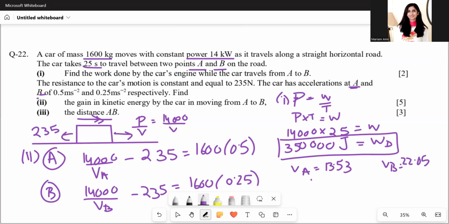Now we need the gain in kinetic energy. So it's half times m, which is 1600, times brackets bigger speed squared minus smaller speed squared. This would be 0.5 into 1600 times brackets 22.05 squared minus 13.53 squared.